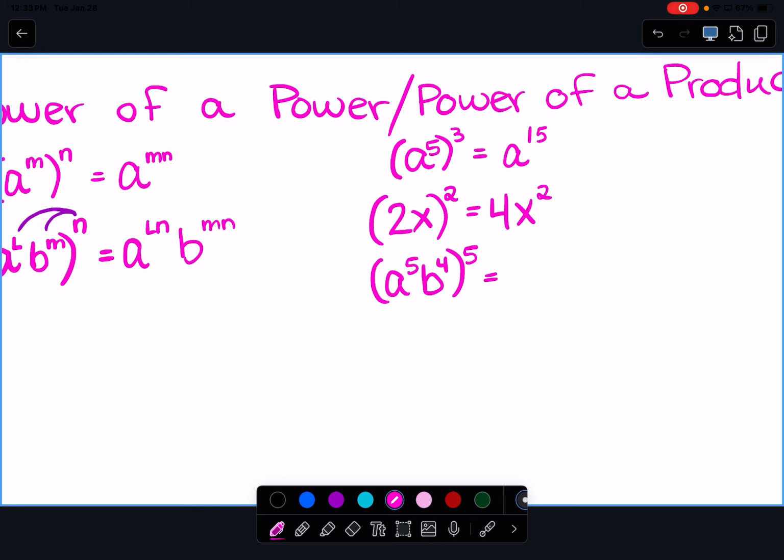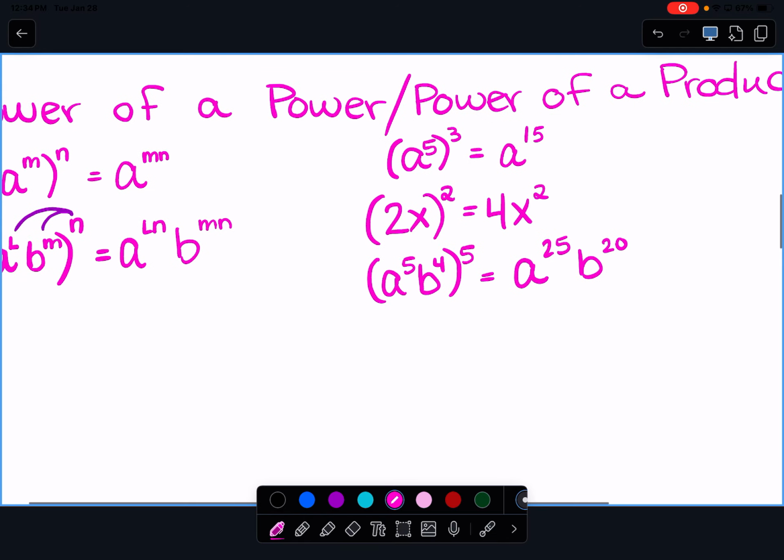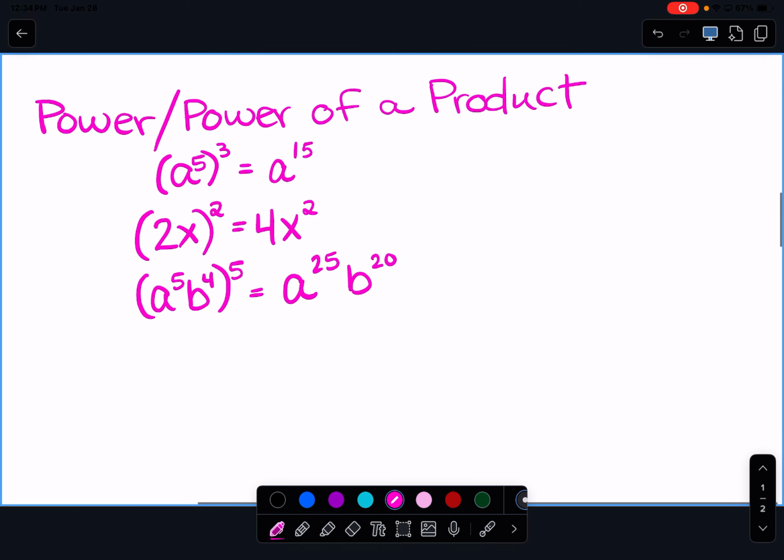It was, but I quickly changed it after that. I didn't want to do another 3. So it's going to be a to the, b to the, perfect. All right, now let's do one more, and then we'll call it for this one.